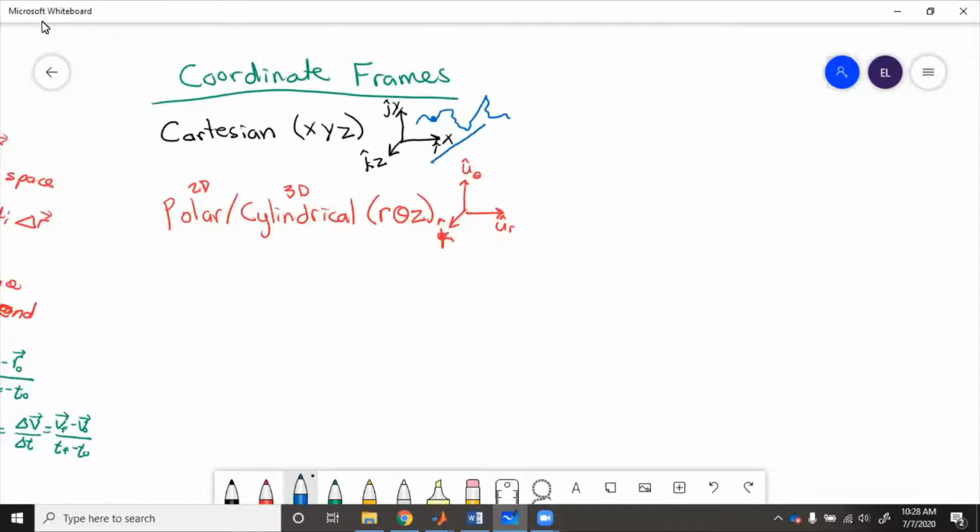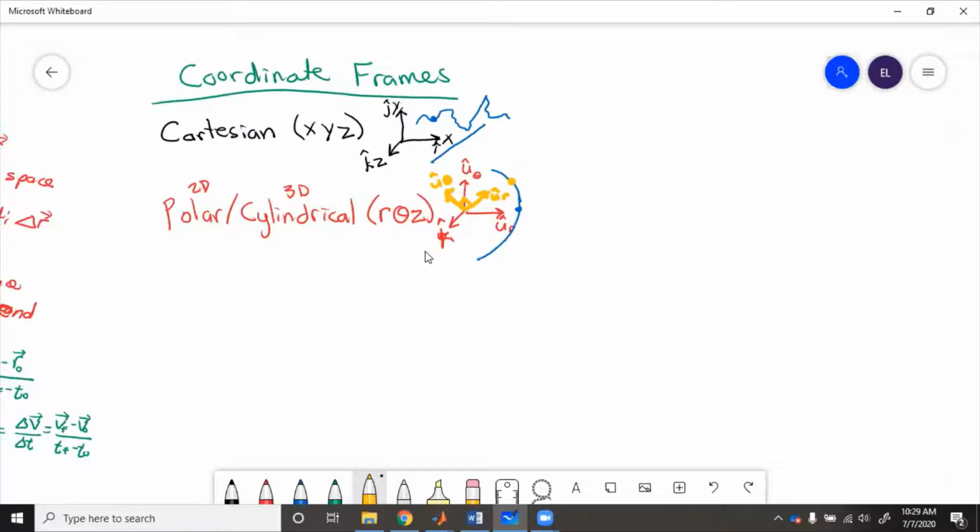So in this polar system, the ur vector always points towards the particle. So that means if the particle is moving on this path, ur is pointing right there. Now, if the particle moves, so let's say it moves to here, now this is going to rotate. Okay, so ur always points towards the particle since that has rotated.